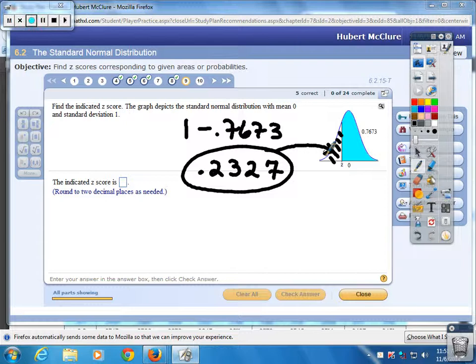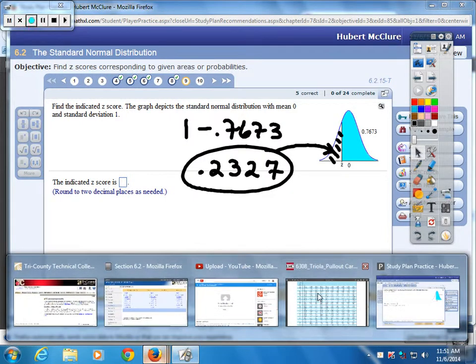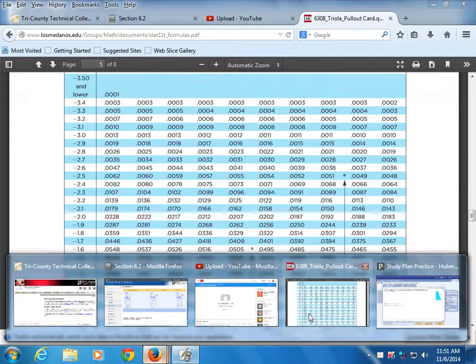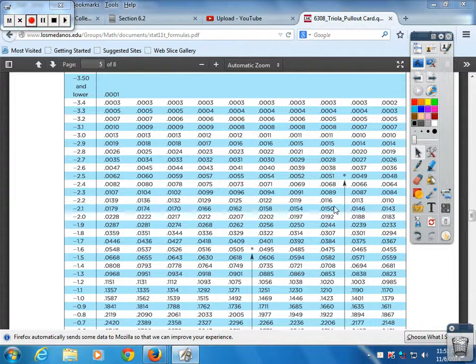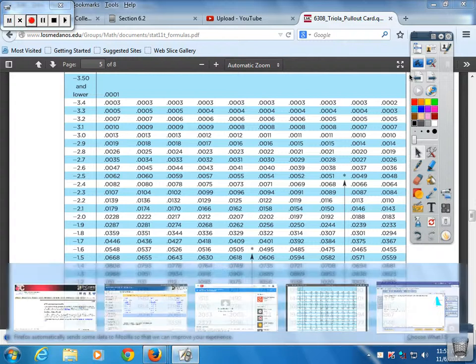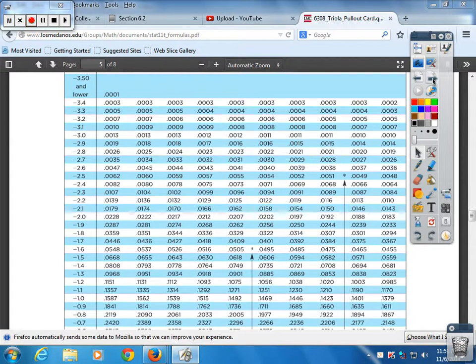Because what are we given in this problem? You're given area, so you've got to find the z-score. So you take your handy-dandy table. Is it a negative z-score or a positive z-score? It's negative, so you're going to look on the negative side. And what was it? 0.2327.